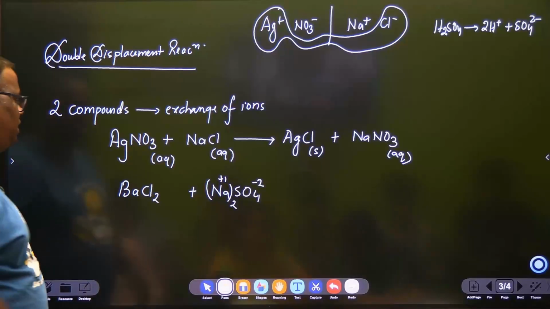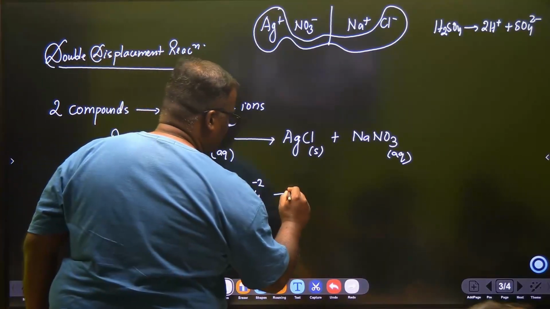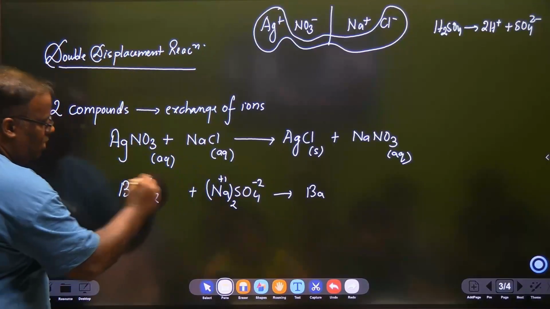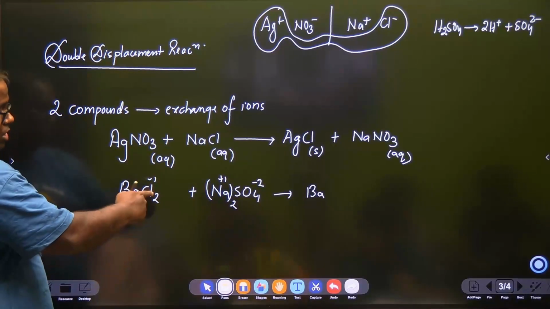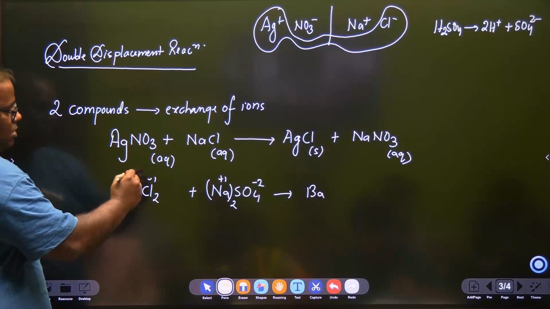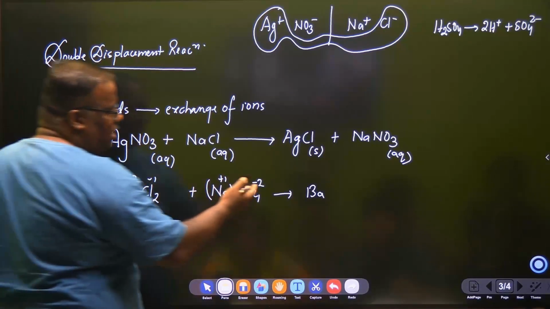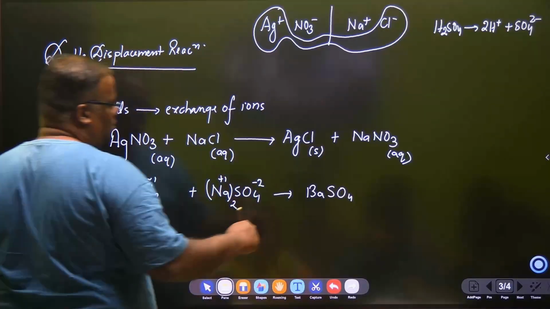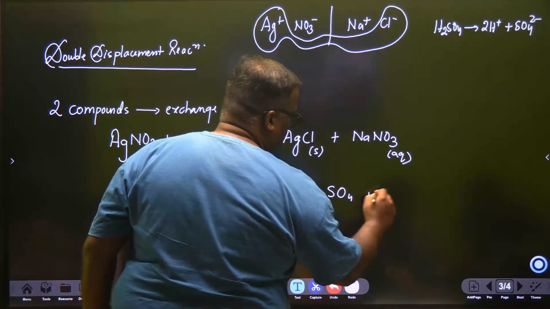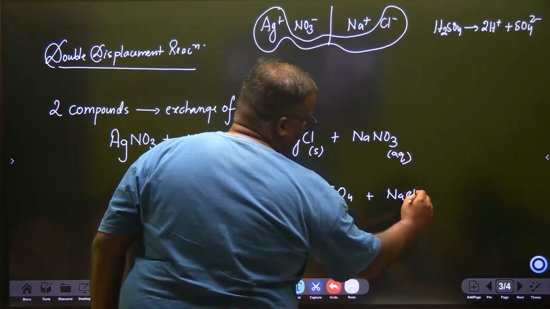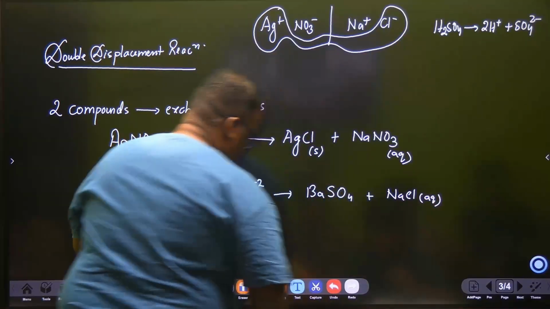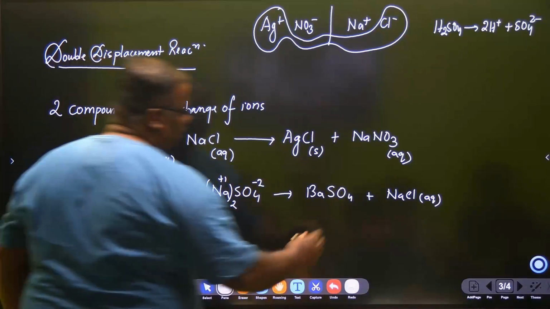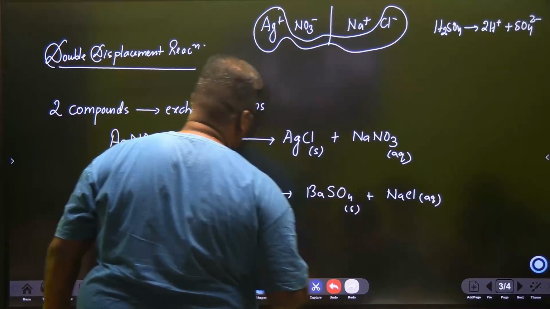So now barium will pair with sulfate. Now look at barium. Chlorine is 1 minus, so two chlorines make 2 minus, so barium is plus 2. Plus 2 and sulfate is minus 2. Happy. Barium sulfate is also a precipitate. And it will form NaCl. White precipitate, this is also solid.